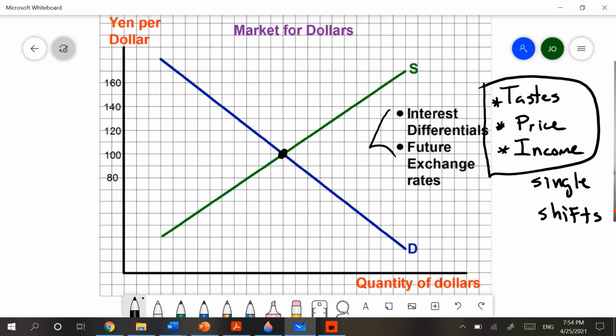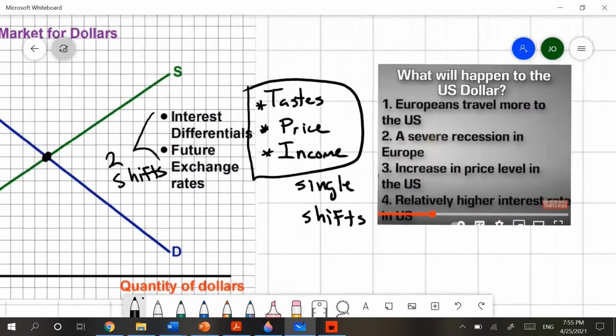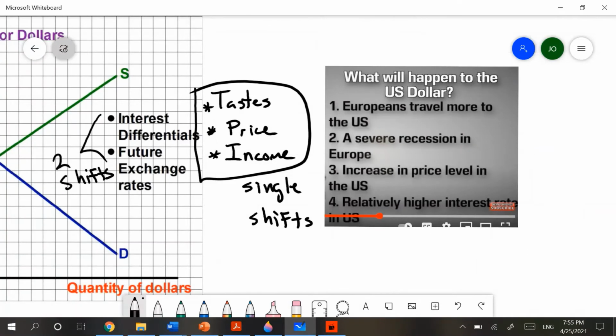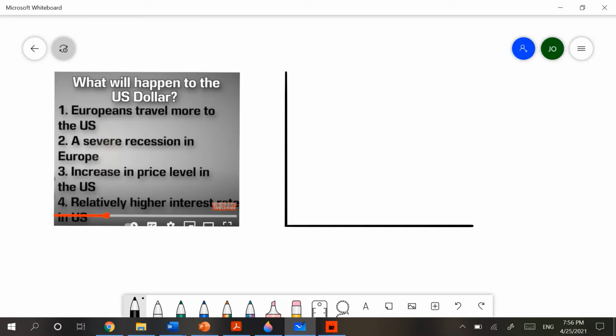However, with these 2, there's going to be 2 shifts involved. Let's go ahead and take these determinants of supply and demand and apply them to what we saw from the video. You might remember that the video had 4 examples, and we have them right here. It actually gave you an explanation of what's going to happen to the dollar in this case. Let's talk about these examples.